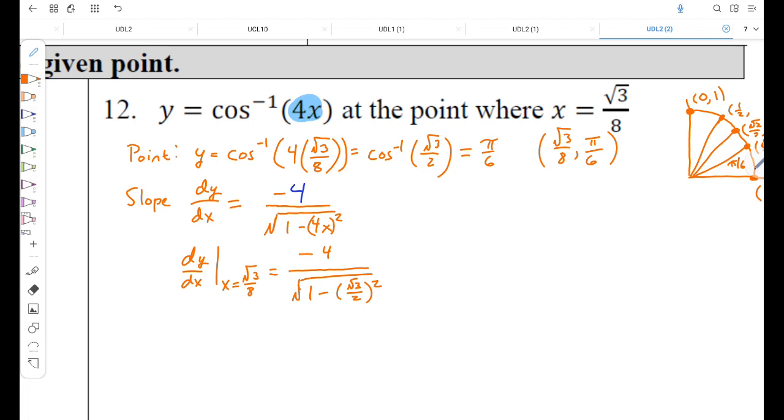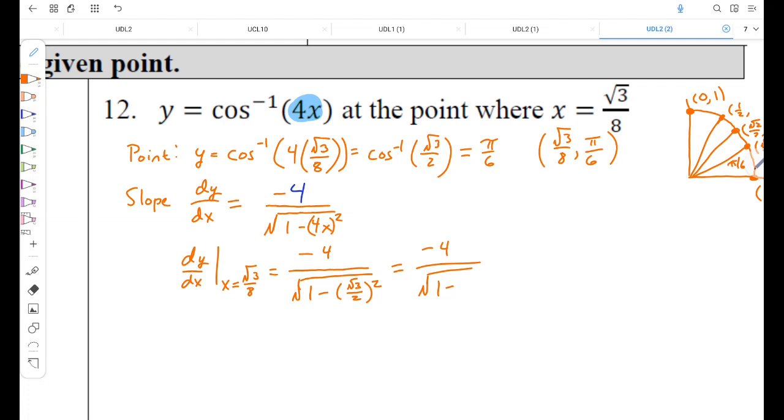On an FRQ, that is a perfectly good slope. Honestly, I can't think of an FRQ that I've seen that has inverse cosine in it. So these are usually multiple choice questions. So let's simplify this. We would end up with negative 4 over the square root of 1 minus.